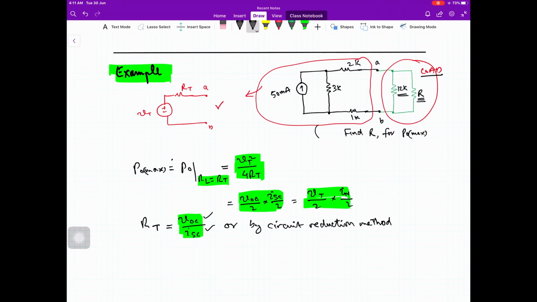Circuit reduction method, in the given circuit at present, applies only to circuits where we have all independent sources.